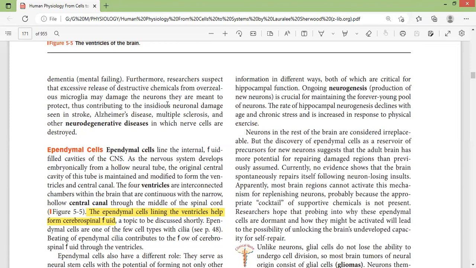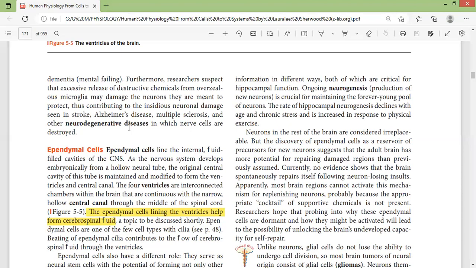This neuronal damage is what we see especially in Alzheimer's disease. That's why in Alzheimer's disease, we do mention that HIV can be a contributing factor. Finally, the fourth major type of glial cell is the ependymal cells.